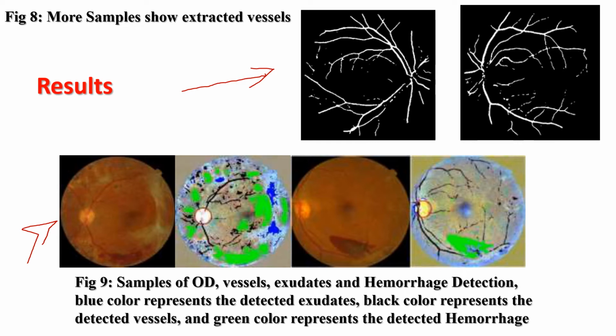The color blue means that there are exudates. The color green shows the detection of hemorrhages. As I said, I count all the pixels of each lesion and consider the number of pixels as a feature.